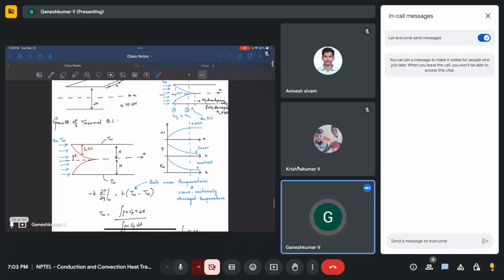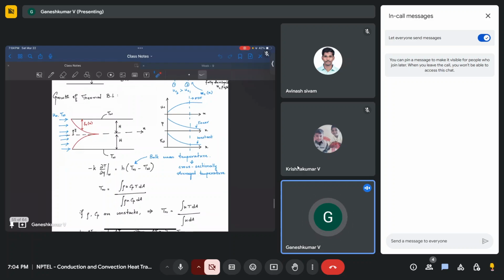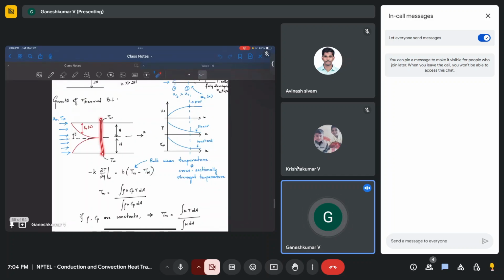Similarly, the same thing is going to happen for the temperature profile too. This is how the parameters vary. We all know why this varies like this; we studied this in fluid dynamics. We introduced a new concept called bulk mean temperature. If you are defining a heat transfer coefficient h for this kind of problem, you are going to use the bulk mean temperature. The bulk mean temperature definition is something like this. It's nothing but a cross-sectionally averaged temperature. Along this cross-section, the temperature profile is going to vary.